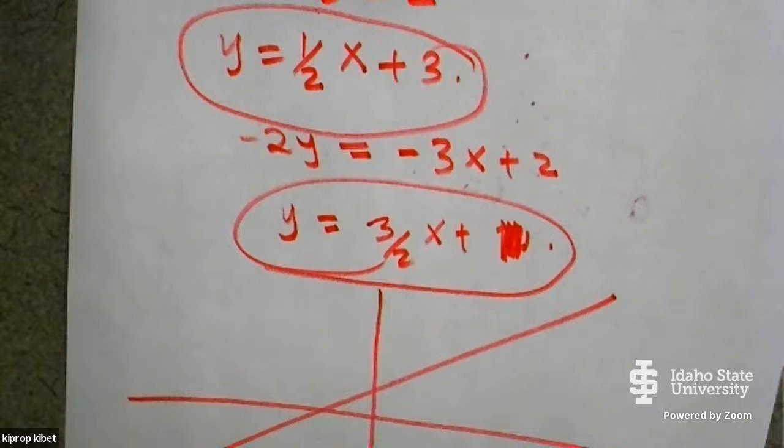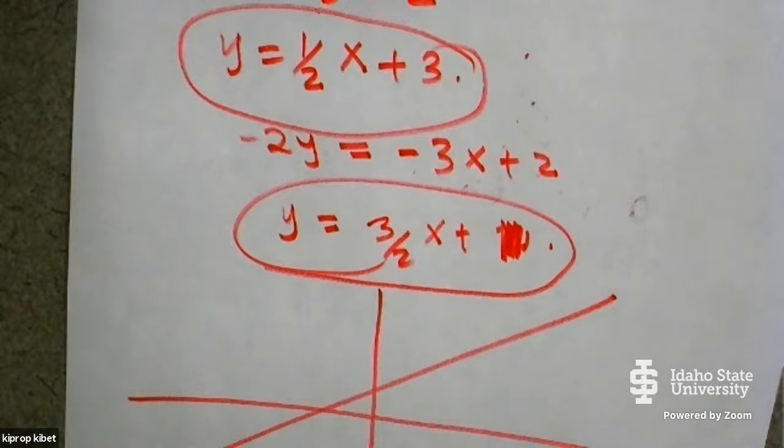If they are not parallel, there is one solution. Is this one similar to this? No, it is not. So they can meet at a point.